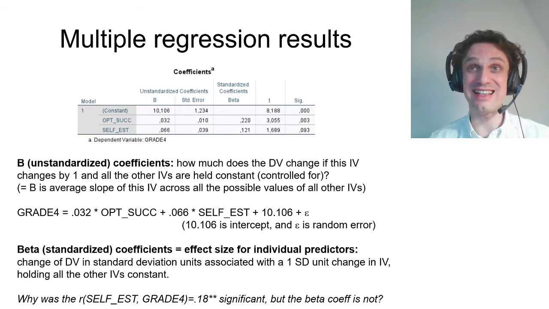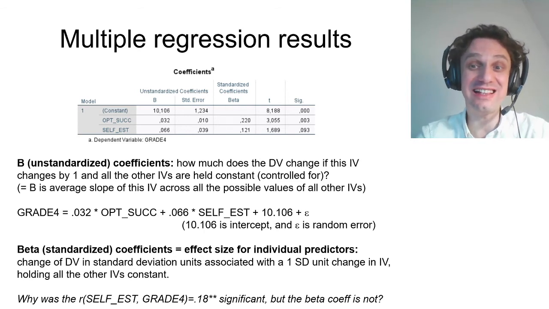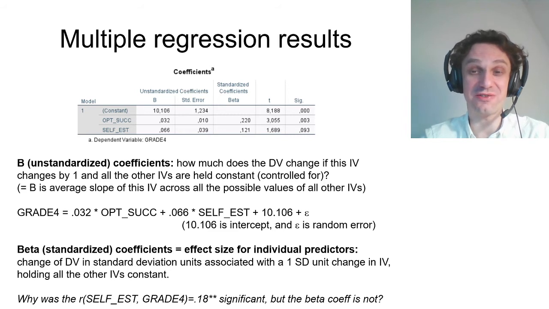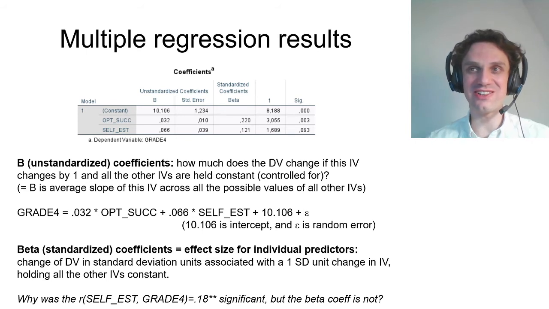Why is this constant 10? Well, because it's meaningless, because this value is out of range. A school mark cannot, of course, be 10, but also the values, the scores on these two questionnaires can never be 0.